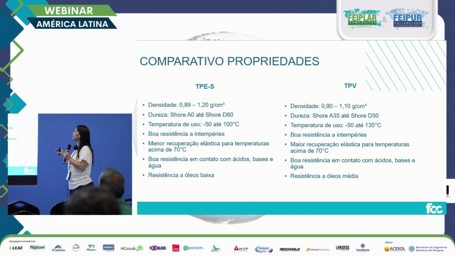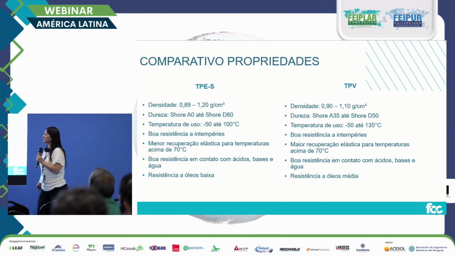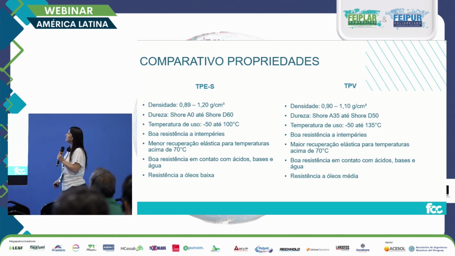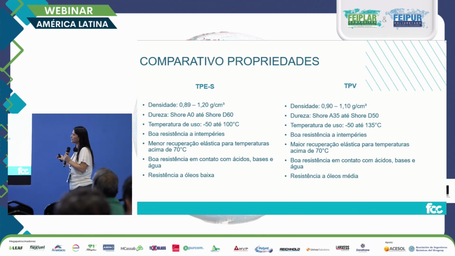In TPV, we can work with a hardness of A35 to Shore D50. The service temperature for both of them goes down to -50, with temperature greater than 100 degrees for TPS, and TPV up to 135 degrees, so it can easily bear that temperature.